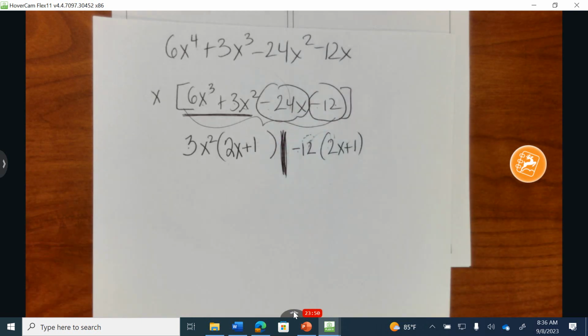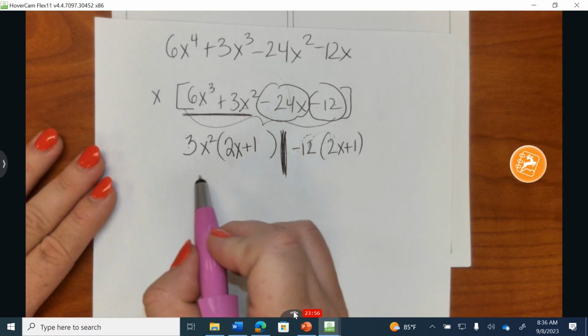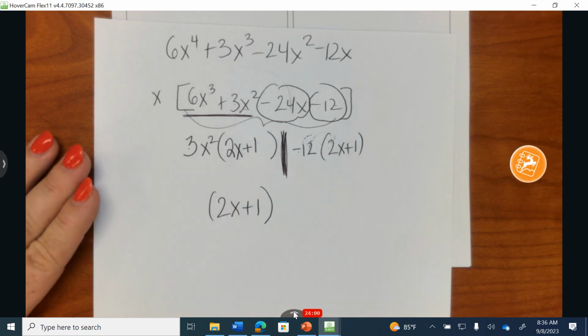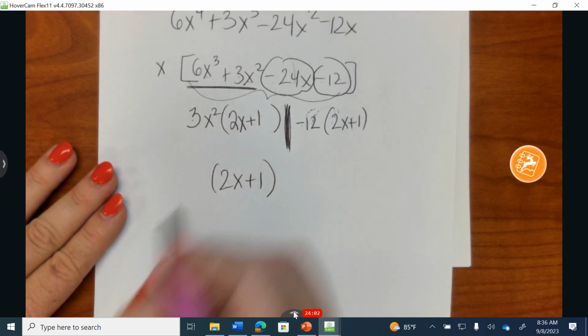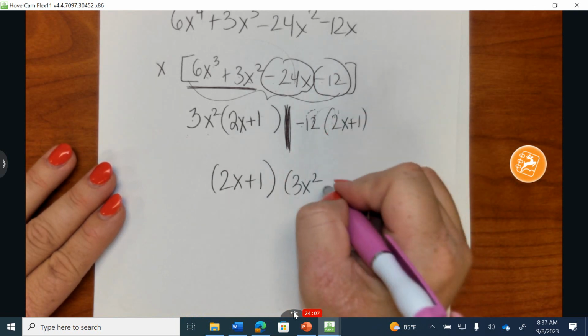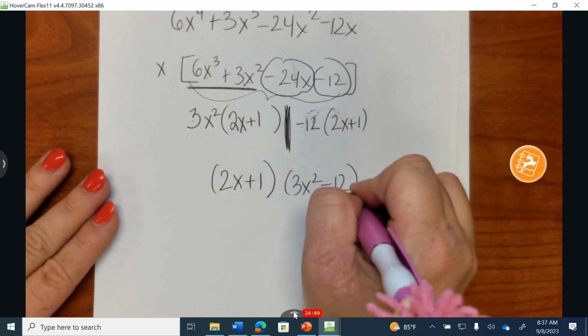Split this so we have a front half and a back half. They both have the parentheses 2x plus 1. In the front parentheses, I have 3x squared. And in front of the back parentheses is negative 12.